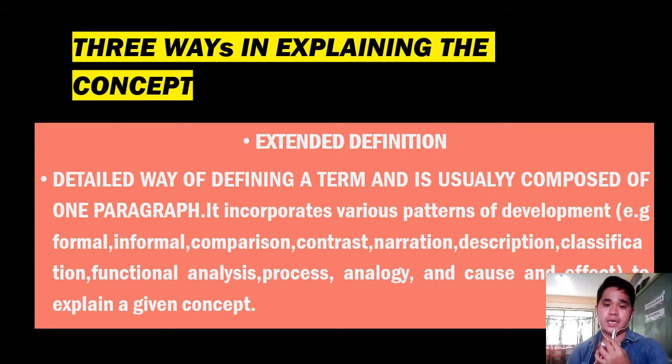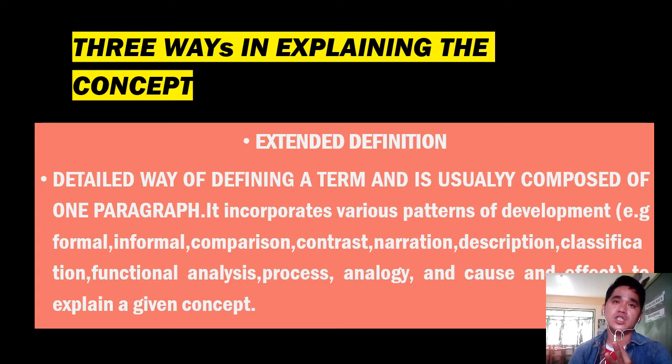The next one is the extended definition. So extended definition is a detailed way of defining a term, and is usually composed of one paragraph. It incorporates various patterns of development. Example: formal, informal, comparison, contrast, narration, description, classification, functional analysis, process, analogy, cause and effect to explain a given concept.